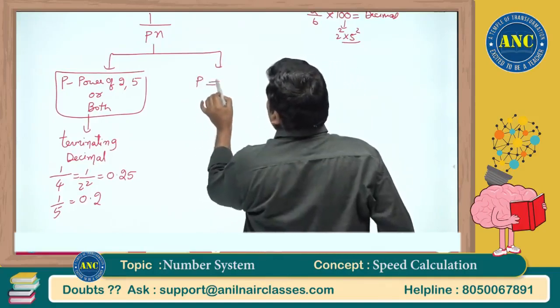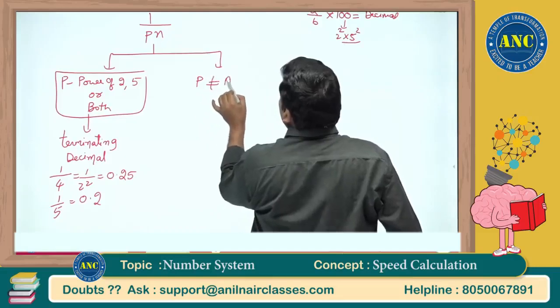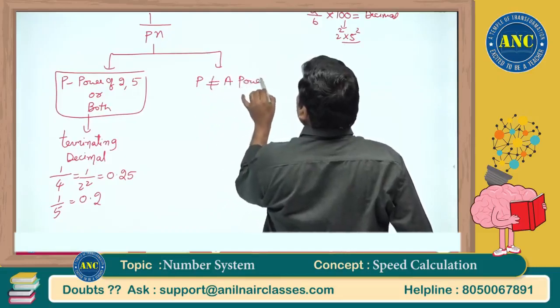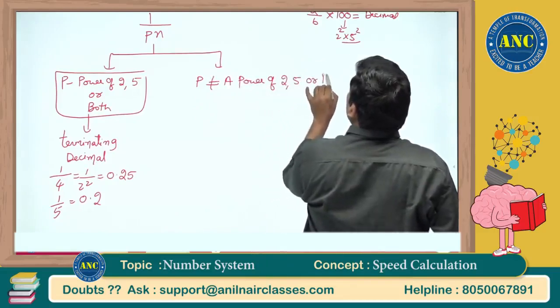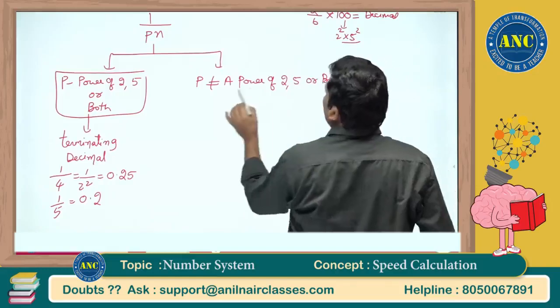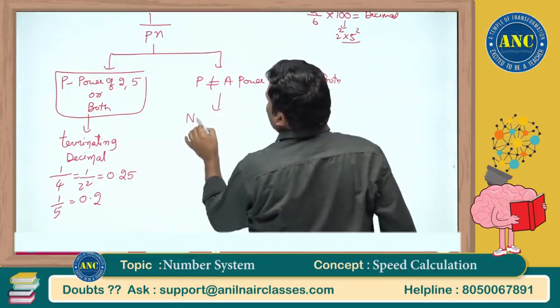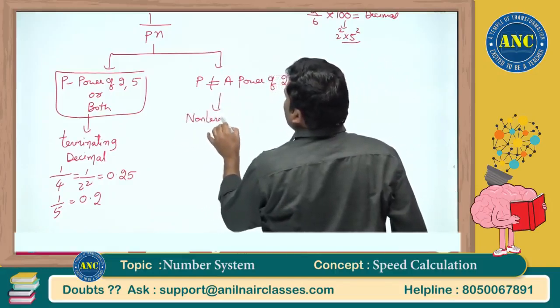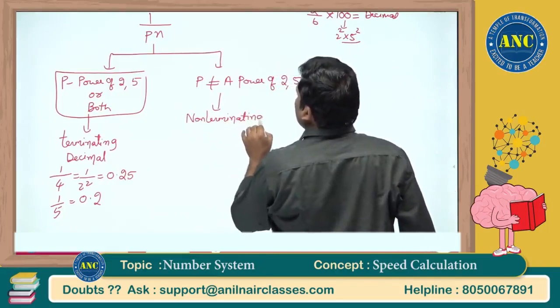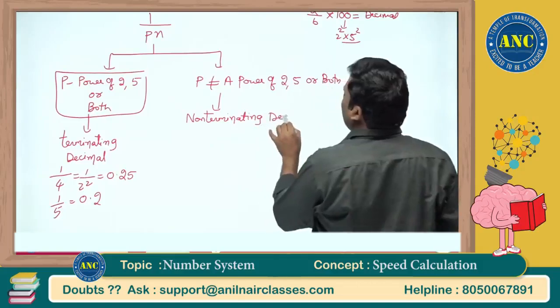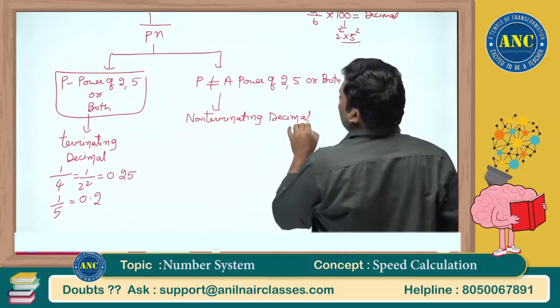If P is not a power of 2, 5 or both, then it will result in a non-terminating decimal.